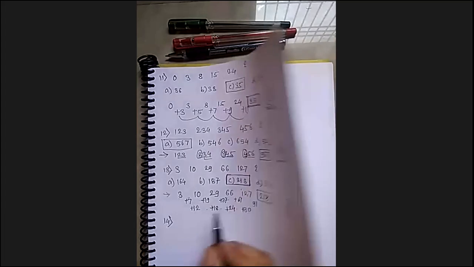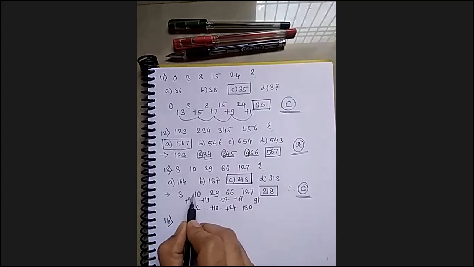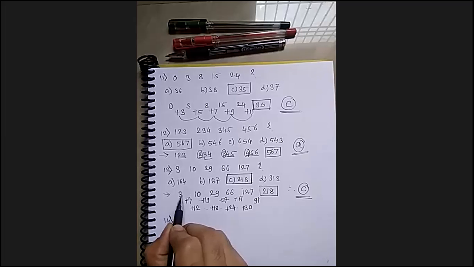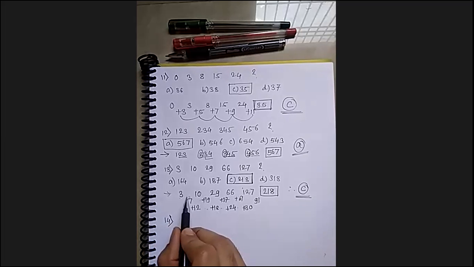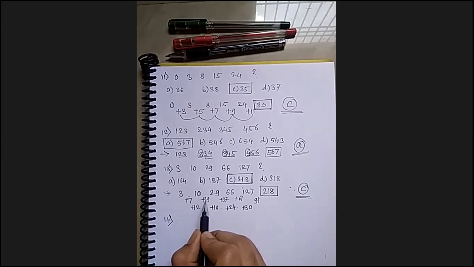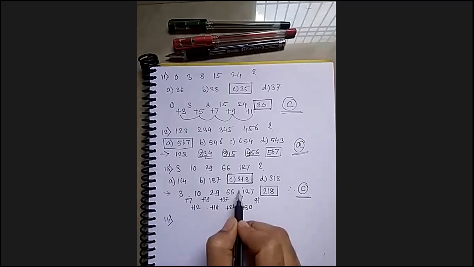So first you have to find out the relationship in between these two numbers. In fact, what I have done is find the difference between two successive numbers. So here it is plus 7, here it is 19, here it is 37, here it is 61.